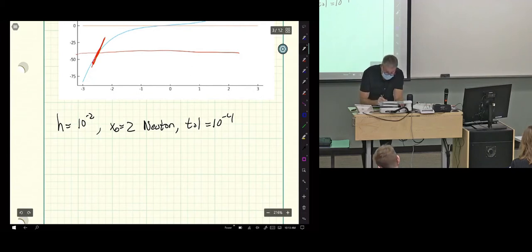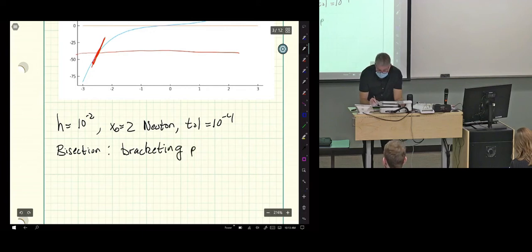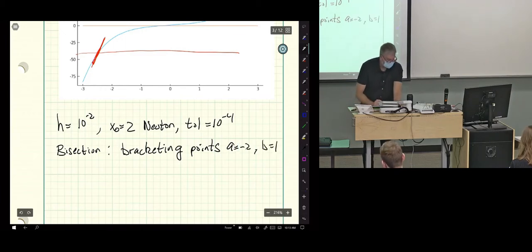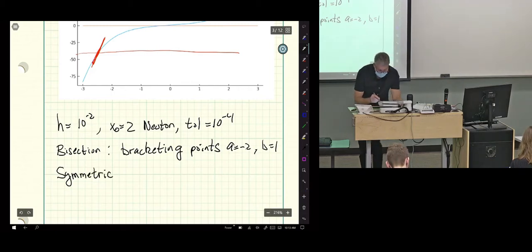For bisection, my bracketing points, remember that's 2 values where I know the function has opposite signs, and we use before a equals minus 2, b equals 1. And then I'm going to use symmetric differences. You could use forward, backward. There is no sideways, okay?